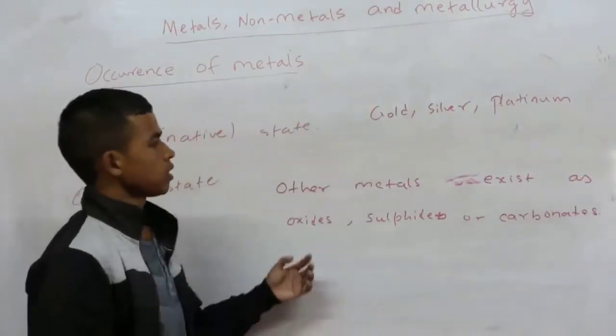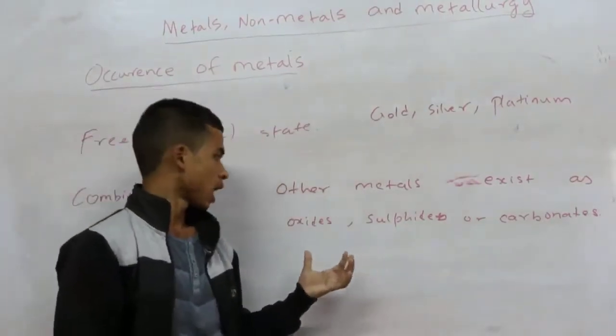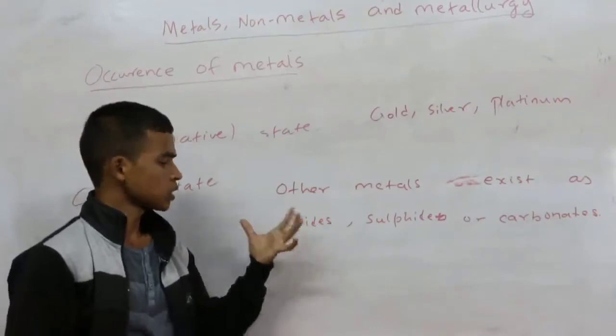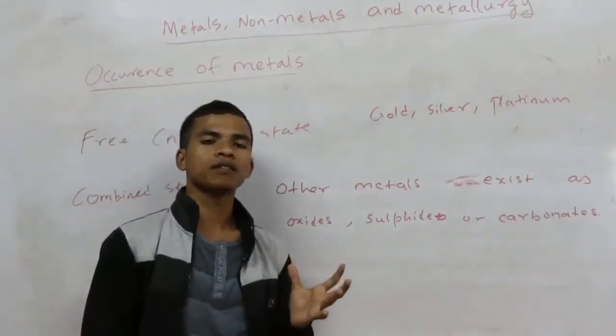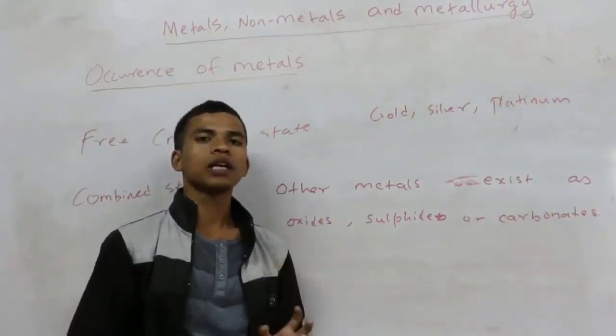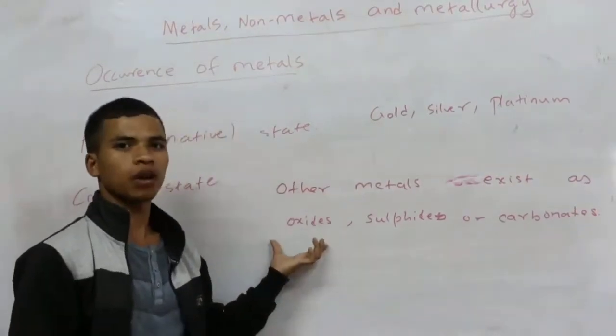But mostly the other metals exist as oxides. This is because oxygen is very reactive and oxygen is very abundant in the Earth's crust.